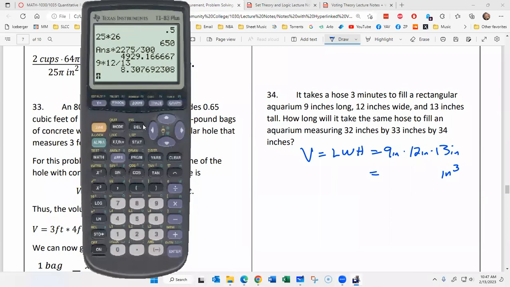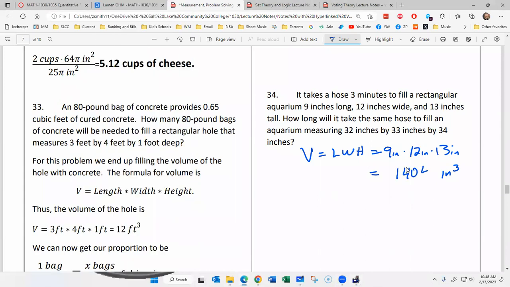I did a division. That's not good. Times 1404. So that's the size of the aquarium. And we know the hose that we're using takes 3 minutes. So we have a conversion from cubic inches to minutes.